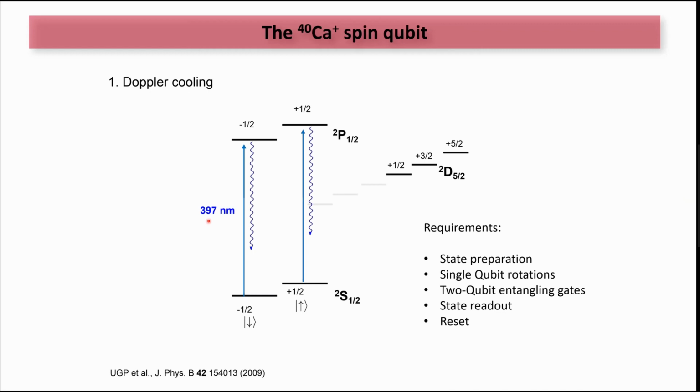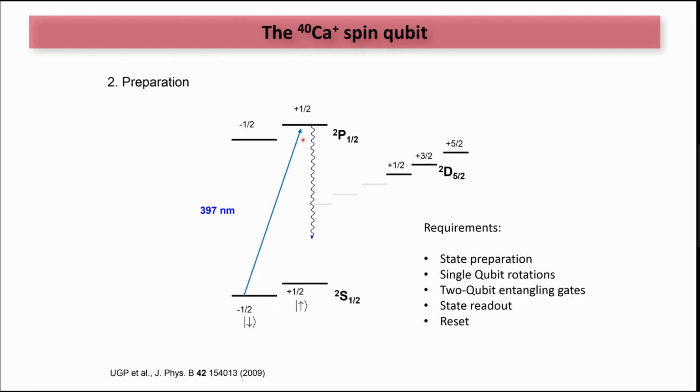Yeah? So now I explain the qubit of our choice, which is the calcium 40 plus spin qubit, which has a number of advantages, such as very simple atomic level structure, which you see here. So we typically start experiments by doing Doppler cooling on the S to P transition. Then we can initialize the qubit, which is encoded in the spin of the valence electron, which is aligned in an externally applied magnetic field.